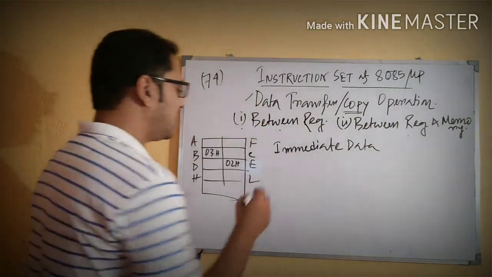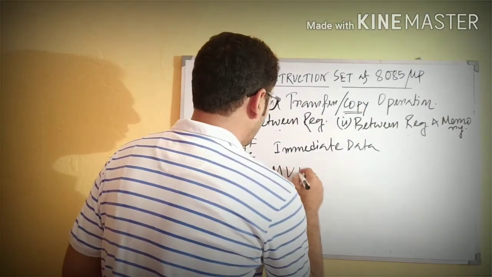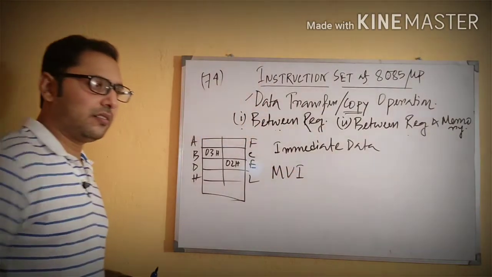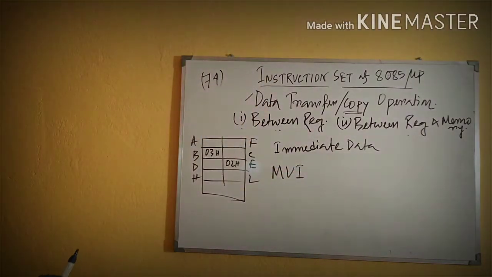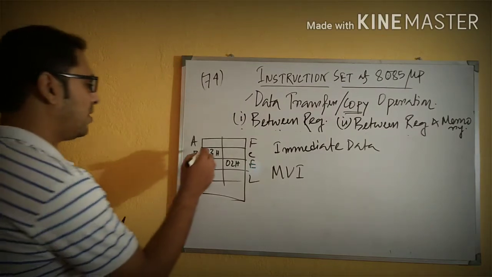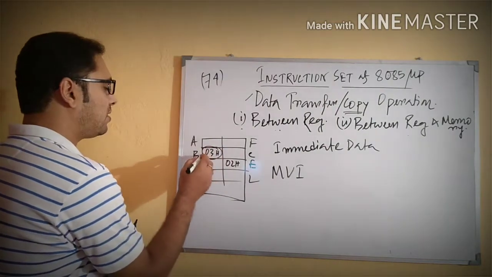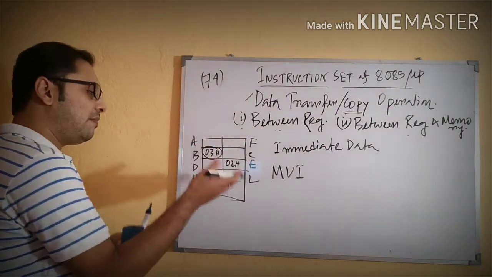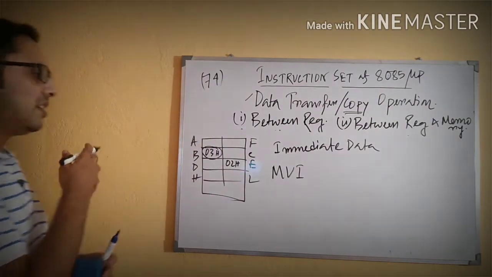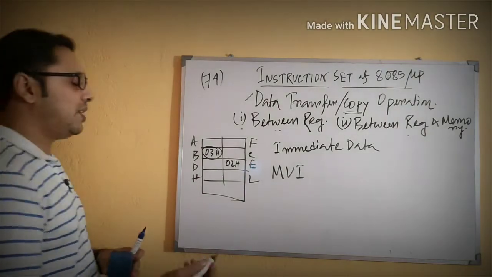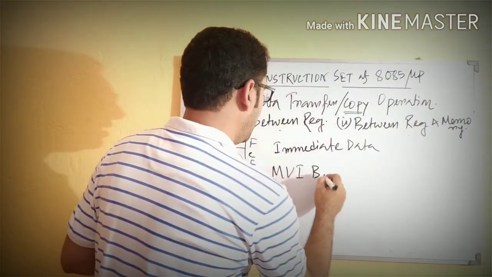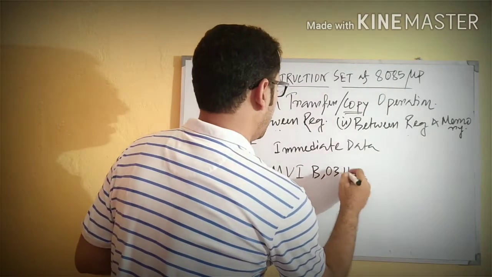For that, the instruction is MVI, move immediate data. Then the question arises, where and what data? Suppose I want to put 03 as immediate data into register B. Then what should my syntax be? MVI space B, 03 hex.